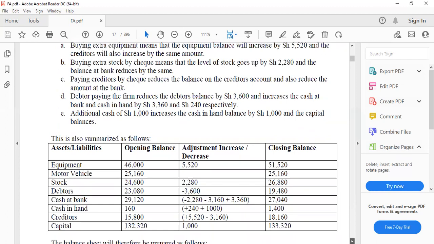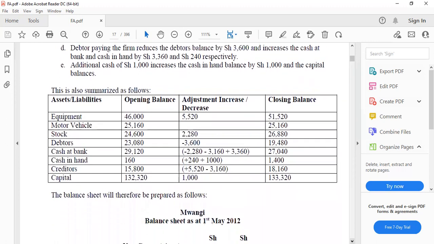Therefore, the closing balance or the net balance of the items will be: equipment was increased by this one, we shall have this as the closing balance. Motor vehicle has no effect. Stock was increased by 2,280. Debtors reduced by paying. Cash at the bank, we had a deduction, and at the same time we had an increase. This was from the debtors, these were for payments.